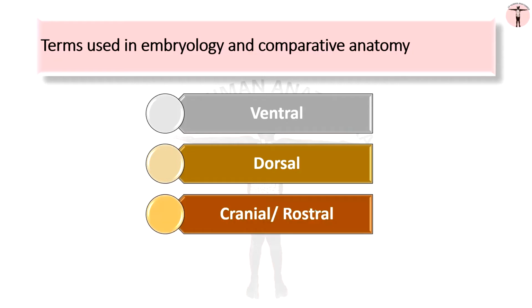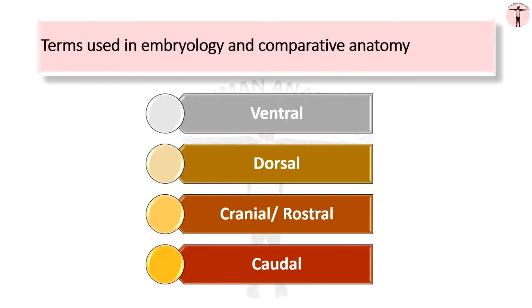Cranial or rostral is the part directed towards the head, or superiorly, and caudal is directed towards the tail, or distally. These are the terminologies used during the developmental stage.